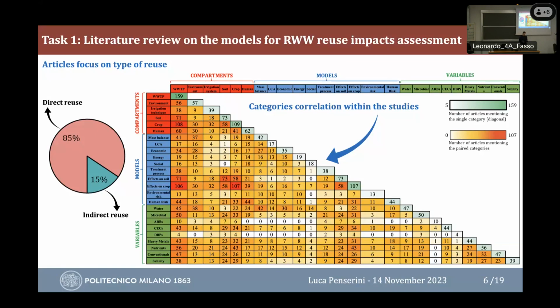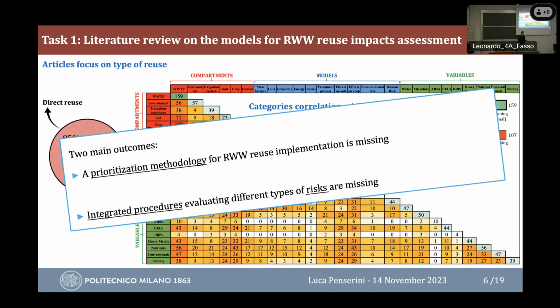So from this literature review, we obtained 2 main outcomes, which lead us to the next task that I will present. The first one is that a prioritization methodology for the implementation is missing in literature. And on the other side, that integrated procedures evaluating different types of risks are currently missing.